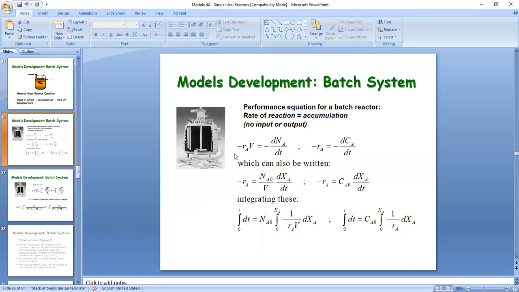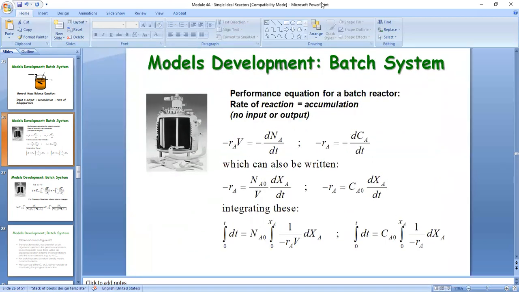So this would be the left side, and this would be the accumulation, the rate of change of the number of moles at any time in your tank or in your reactor. If you transfer the V here, you will have now dCA/dt. We know that C_A is equal to N_A over V.